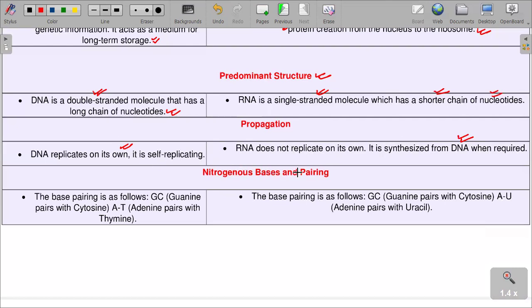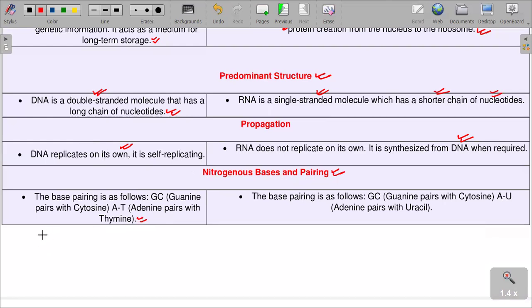And then nitrogenous bases and pairing. I've already mentioned this, but for repetition and clarity, the base pairing in DNA is GC, which pairs G and C. We are saying guanine pairs with cytosine, and also we have AT, which is adenine pairing with thymine.